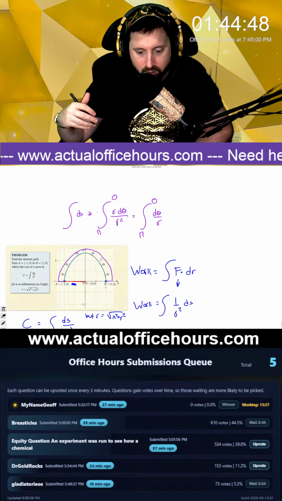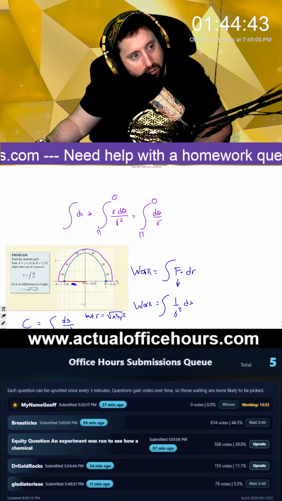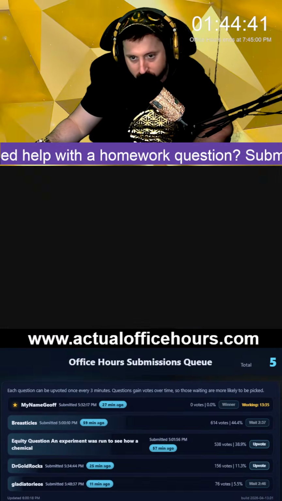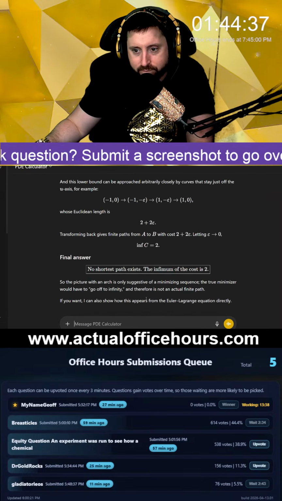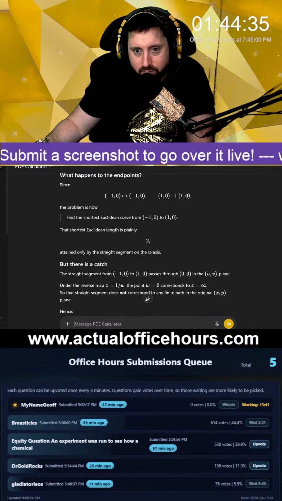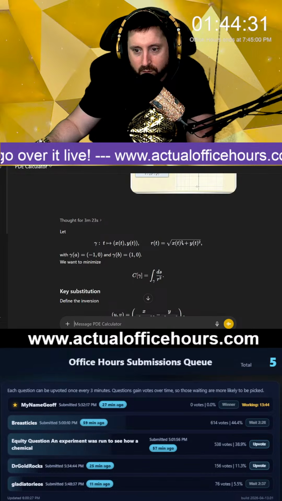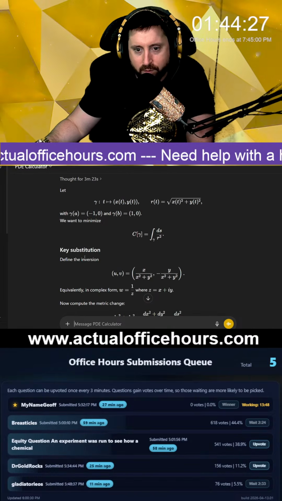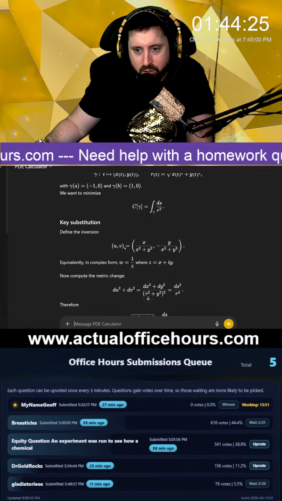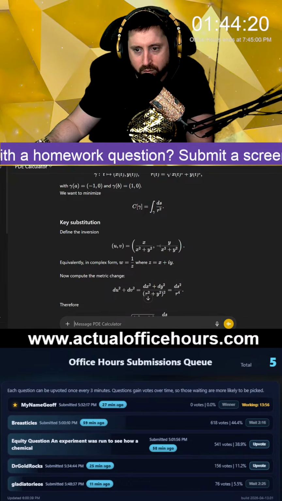Plugged it into the chat. Chat says there is not a finite minimizing path. Oh, ChatGPT says there isn't? Yeah, and this one I trust because it's trained off of solving PDEs and ODEs and calculus of variations. Okay, so it has the same thing, ds over r squared, define the inversion u, v equals x over x squared.